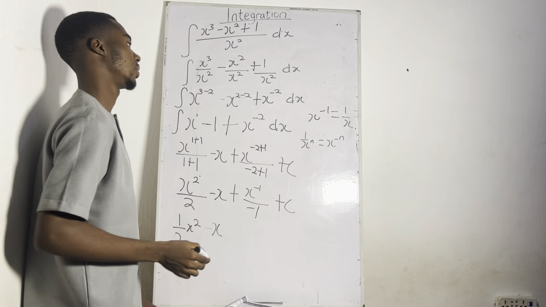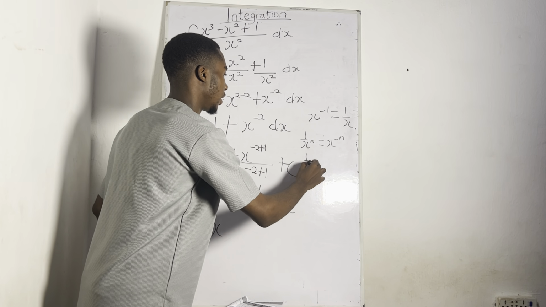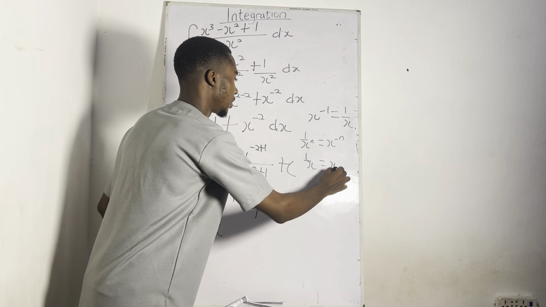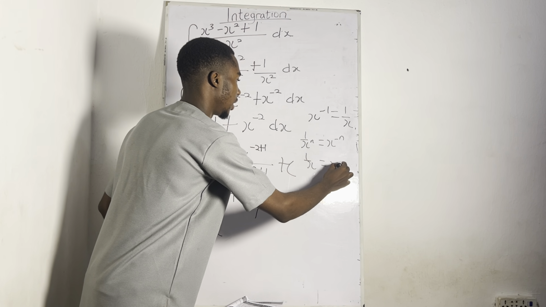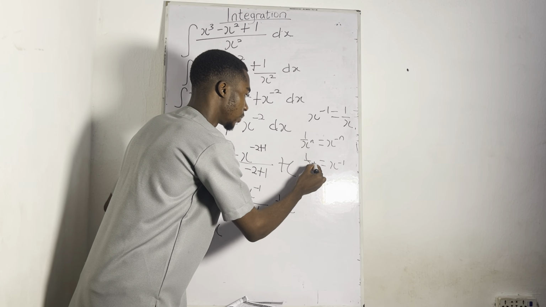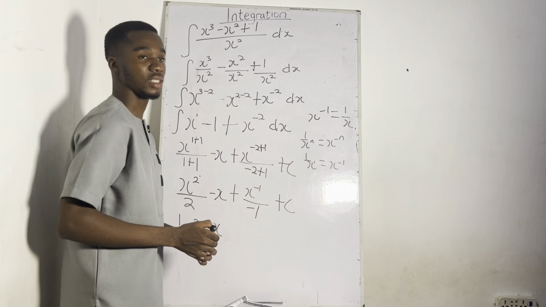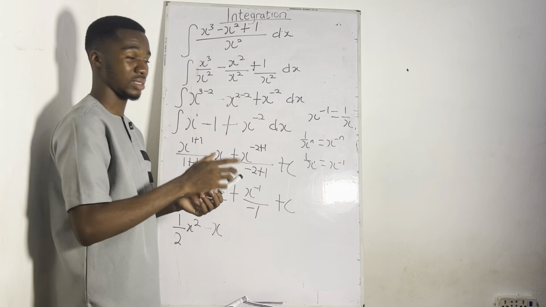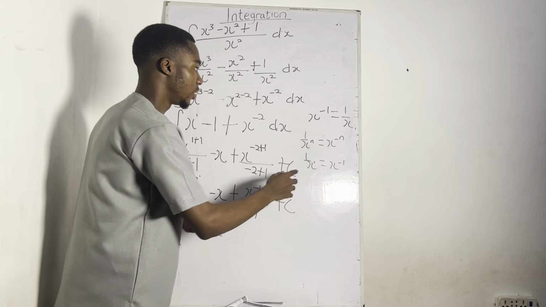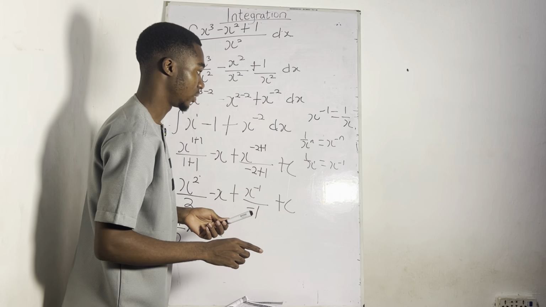So if you have 1 over x, it will be equal to x exponent -1, because 1 over x is the same as 1 over x exponent 1. Any number exponent 1 is the number itself. So this will be equal to x exponent -1 per the laws of indices.